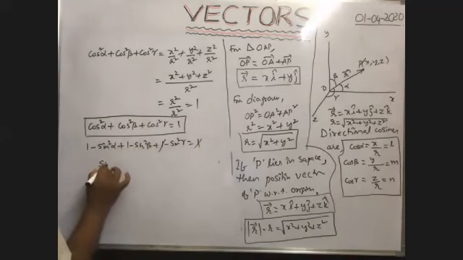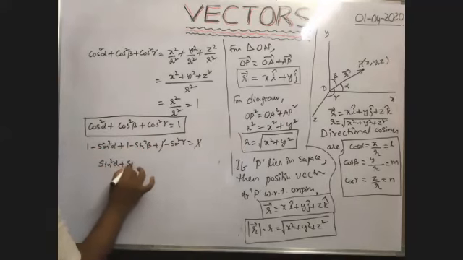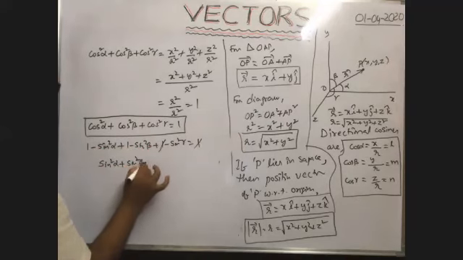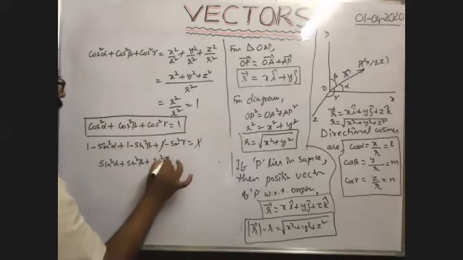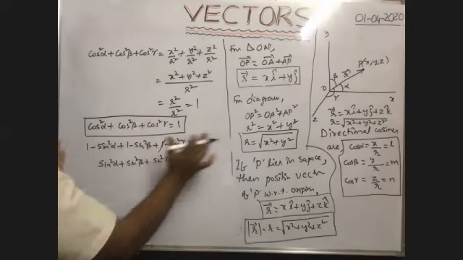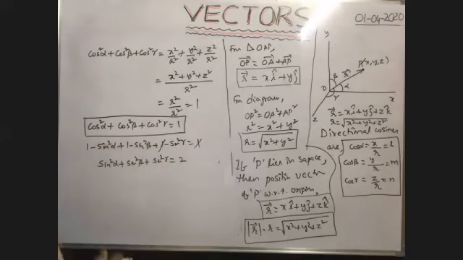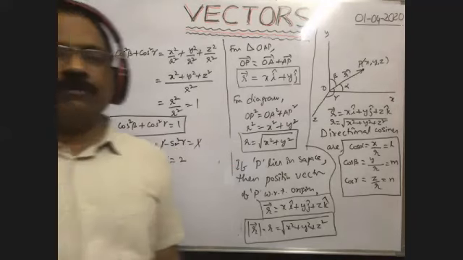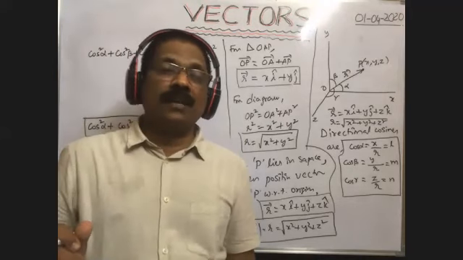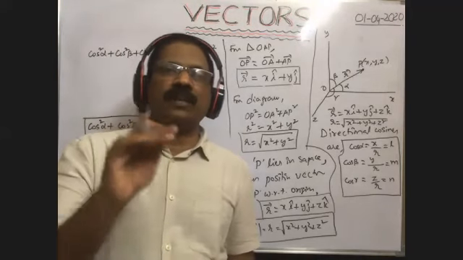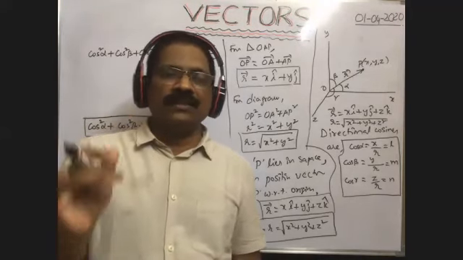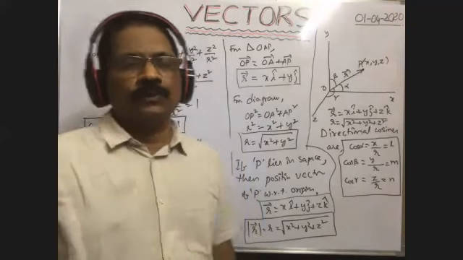Then you will have sine square alpha plus sine square beta plus sine square gamma equal to the right side term. On the left side only 1 plus 1, 2, is there. That's why the sum of the squares of sines of angles made by the given vector with the x-axis, y-axis, and z-axis is equal to 2.